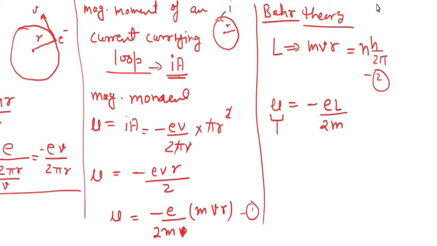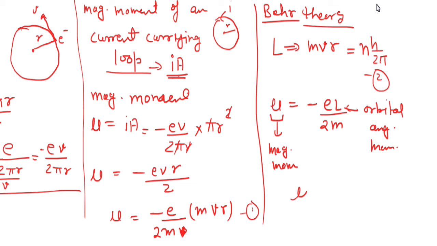orbital angular momentum of the electron. So this is your magnetic moment, and this is the orbital angular momentum.